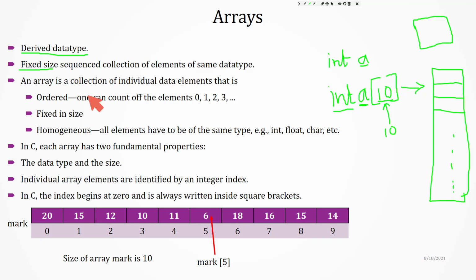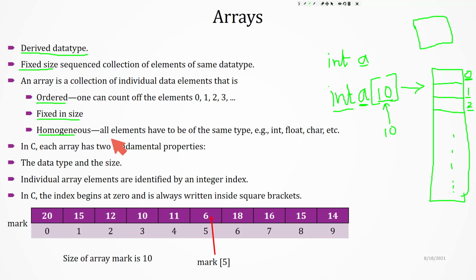Next, some properties. Ordered: some ordering is there. So this refers to 0, this refers to 1, 2. That means the first cell is identified using the value 0, the second cell is 1, the third cell is 2. Fixed in size, we already discussed; here I can store only 10 data values.